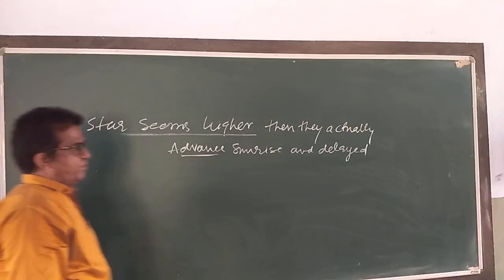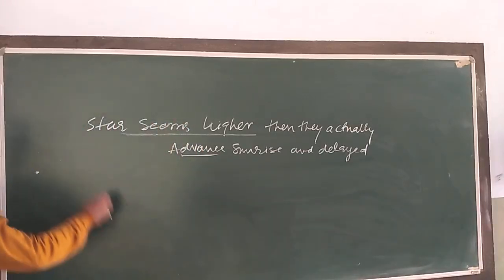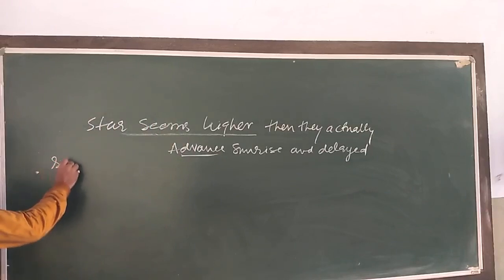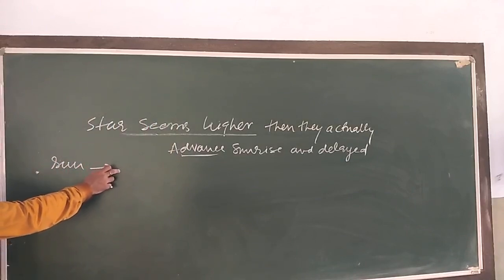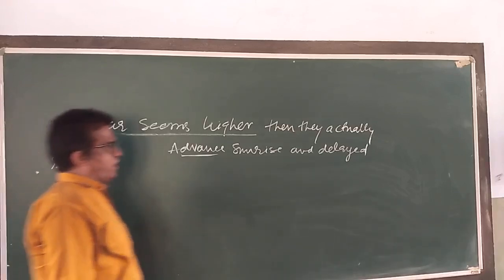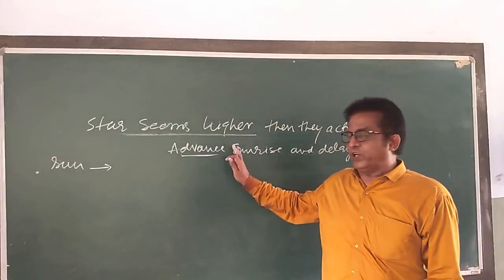This is called advanced sunrise. What do we call it, children? Advanced sunrise. The sun appears above the horizon two minutes before it actually does. This can be explained on the basis of atmospheric refraction.